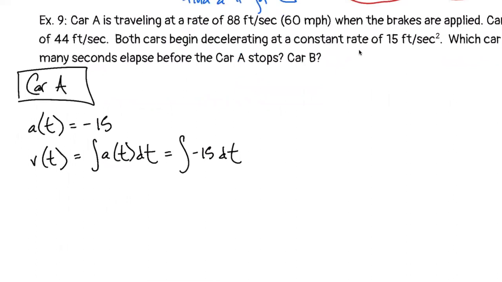We see here that we have a constant multiple, so I can bring the negative 15 out to the front. What's left here is t to the 0 dt.